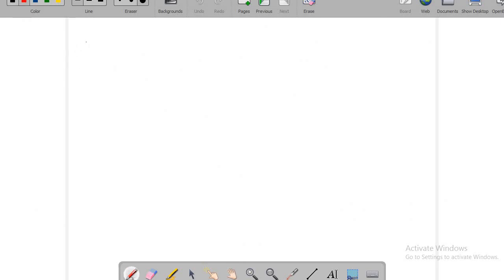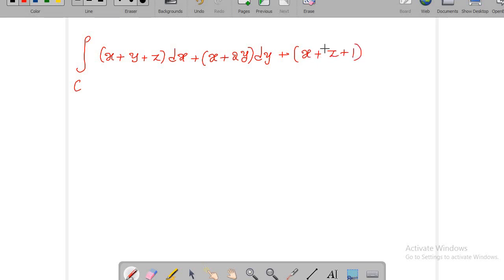Let us see an example. Let's say I am giving a curve and you are given some integral here. The integral is x plus y plus z into dx, plus x plus 2y into dy, plus x plus z plus 1 into dz.